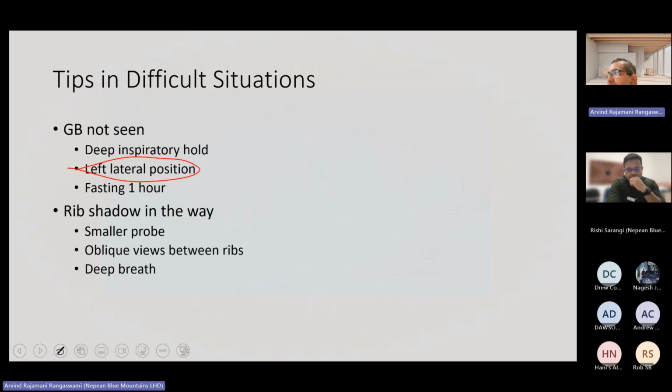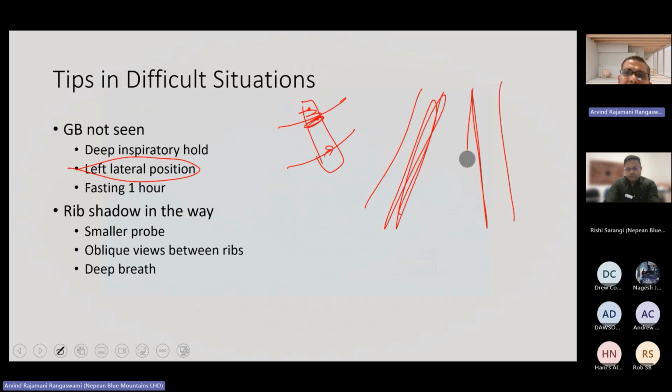And you can stop feeds or keep the patient fasting and come back in an hour or so, when the gallbladder becomes a little bit bigger. Rib shadows are often in the way. If this is a very narrow window and your curvilinear probe is causing lots of acoustic artifacts from the ribs, you have to look at the window in between to locate the gallbladder.